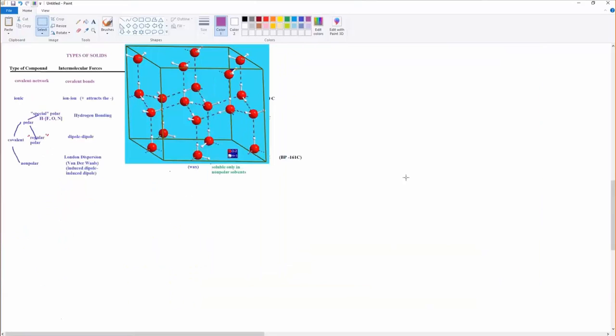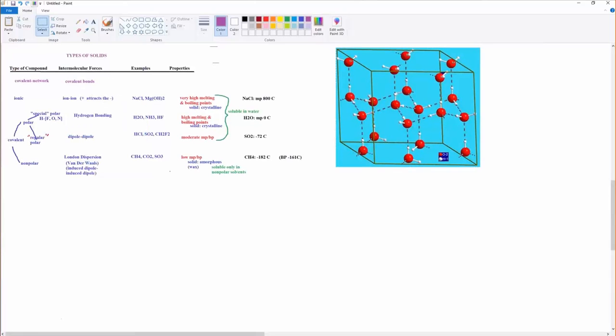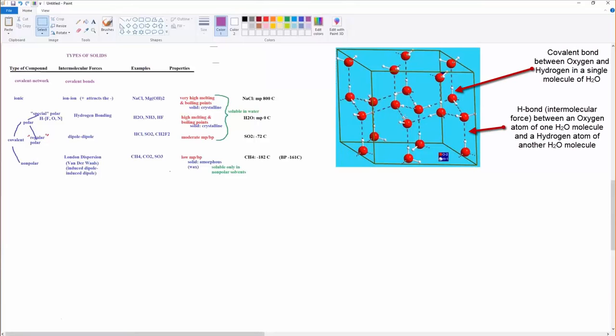As an example from your lecture notes, look at water in the solid state, where individual water molecules are attracted to each other with this dotted line. That's the hydrogen bonding intermolecular force.